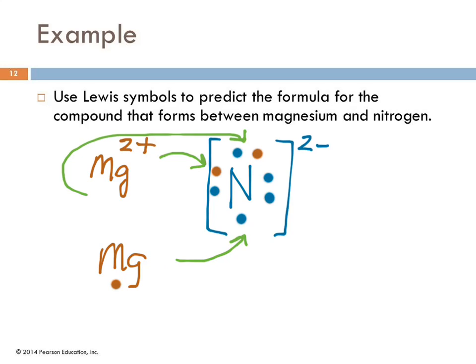So the magnesium gets rid of that. And now this nitrogen is -3, and the magnesium is +1. So now we've made this magnesium happy, and we've made the nitrogen happy, but this magnesium isn't happy.